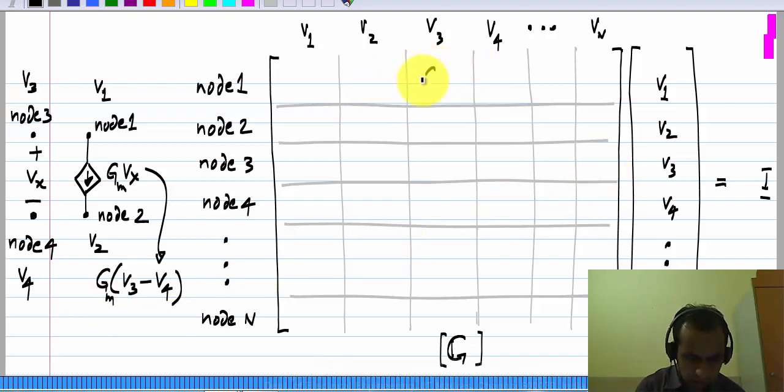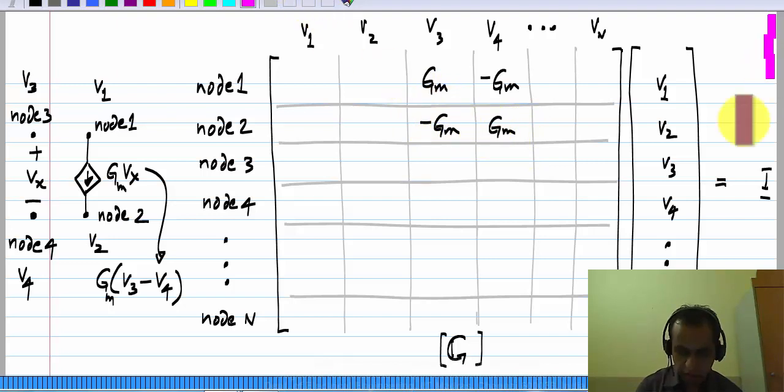So it will have Gm over here and minus Gm over there: plus Gm multiplies V3, minus Gm multiplies V4. The current flowing away from node 2 is the negative of this. So we will have Gm times V4 minus Gm times V3.